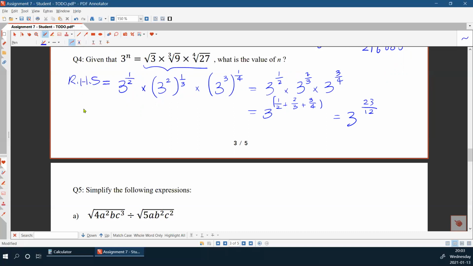Okay, so now you can see that 3 to the nth power, if you are given that 3 to the nth power equals 3 to the 23/12 power, that means n is 23/12, right? Okay, any questions?